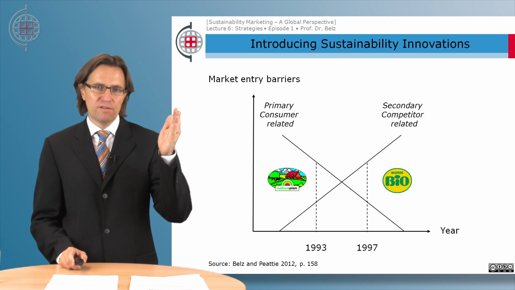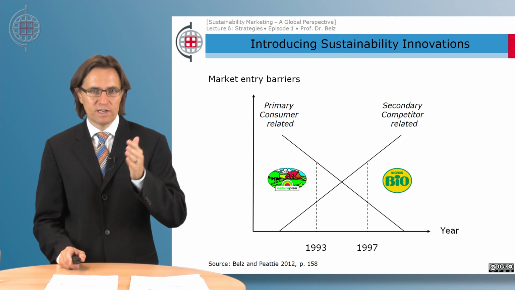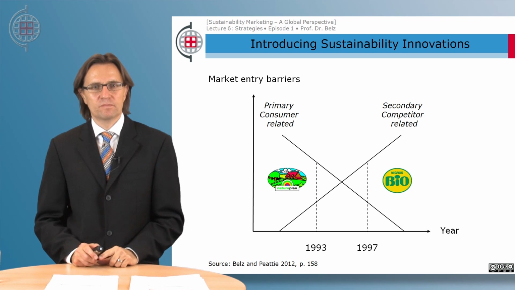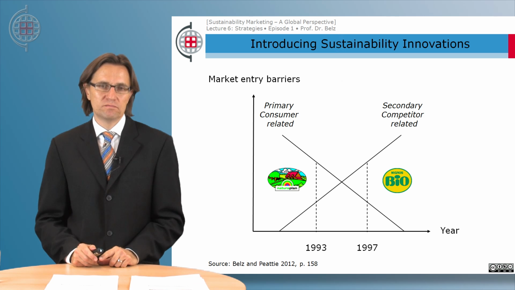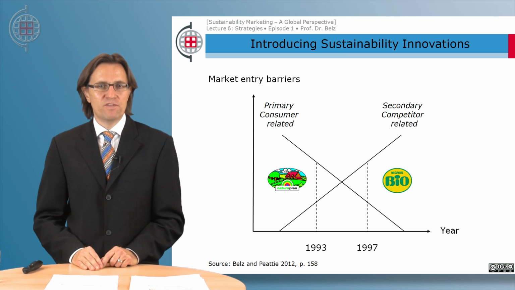As they informed consumers, these consumer-related barriers went down. Later on, Migros, the number 2 in the Swiss retail market, introduced Migros Bio. They mainly had to fight secondary, competitor-related market entry barriers.